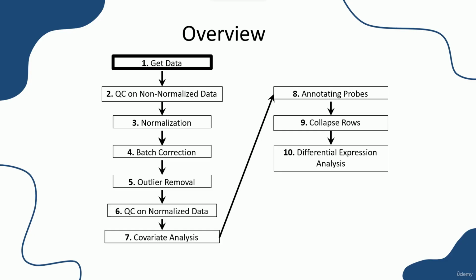After that, we are going to remove the outliers, and then we are going to apply the quality control on normalized data as well. Then we are going to do the covariate analysis. After that, we are going to annotate the probes and then collapse the rows, and after that we are going to get our differential expression analysis. That is how you get your DEGs, which are differentially expressed genes.